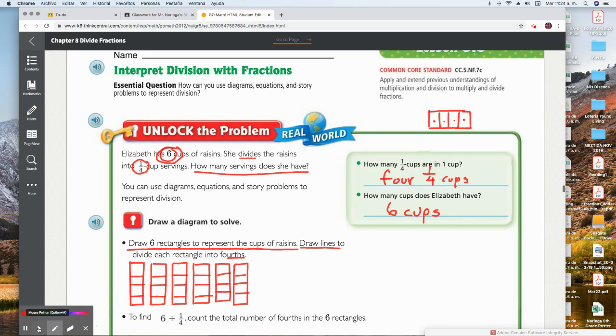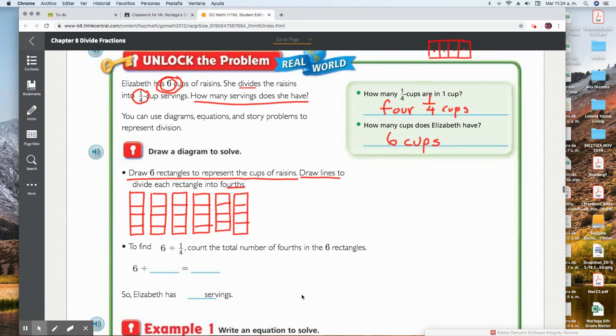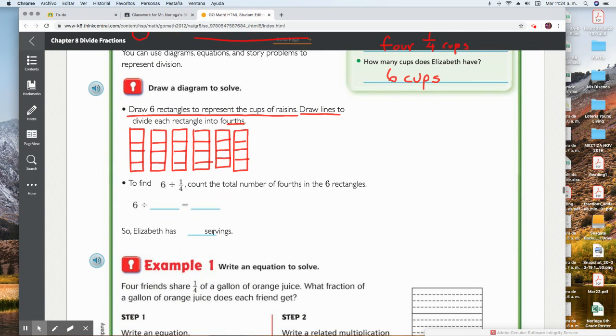Okay, now, second bullet, to find 6 divided by 1/4, count the total number of fourths in the 6 rectangles. So how many fourths are in this rectangle? 1, 2, 3, 4, 5, 6, 7, 8, 9, 10, 11, 12, 13, 14, 15, 16, 17, 18, 19, 20, 21, 22, 23, 24.